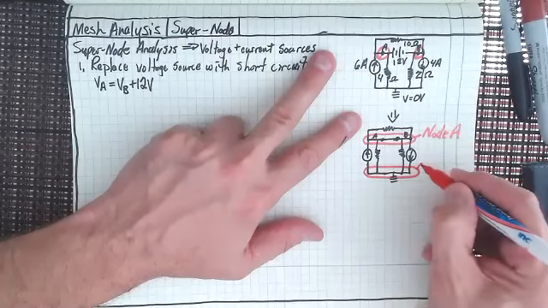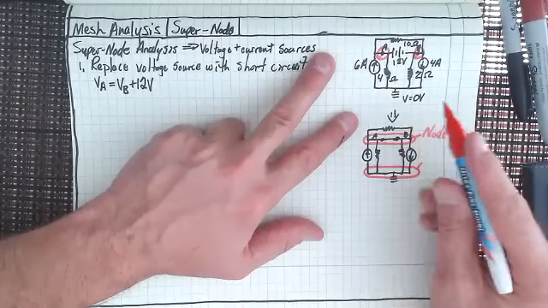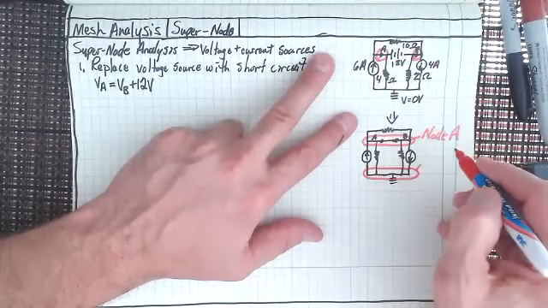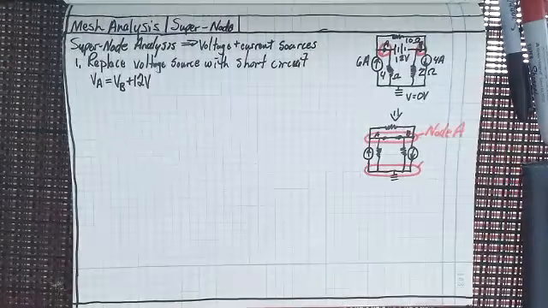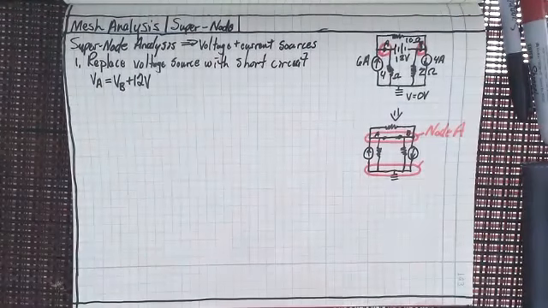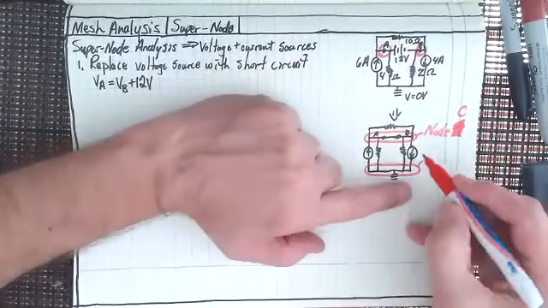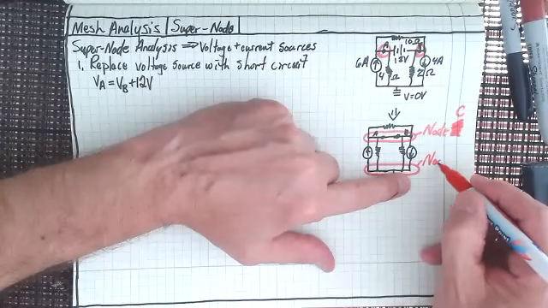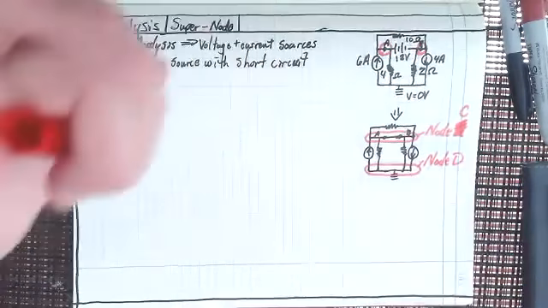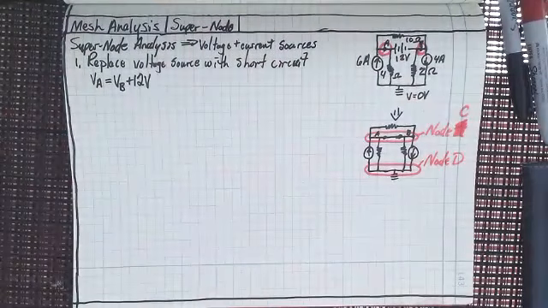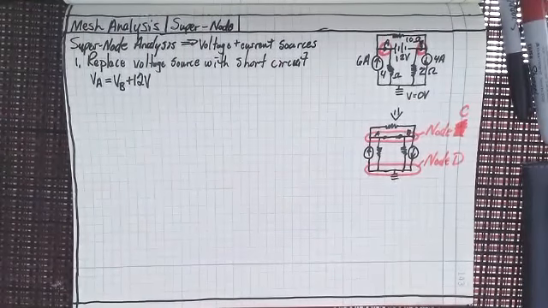So we have two nodes. Maybe I shouldn't call that because I've used those places there, A and B. Let's call this node C, because I'm not going to use C for anything. And I'll call this node D. Right? So we've got our two different nodes there.